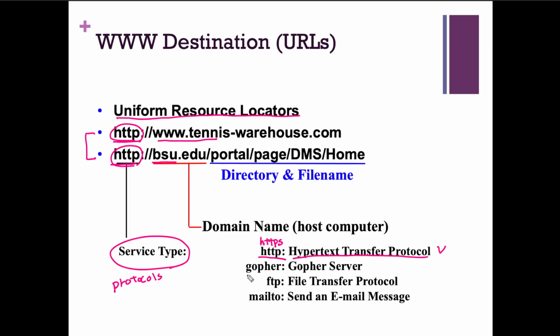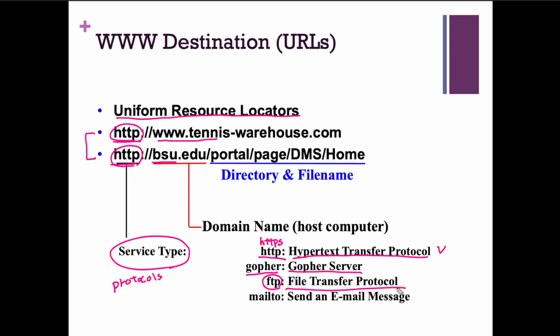Or you can say Gopher. People don't use it much because already so many other special programs are designed. But Gopher server or FTP, which means File Transfer Protocol, is something you do with OneDrive or Dropbox.